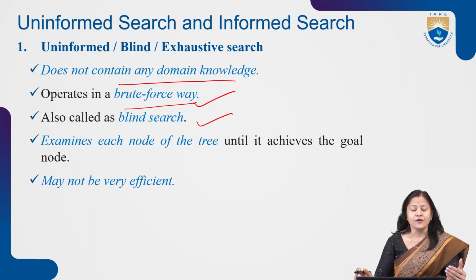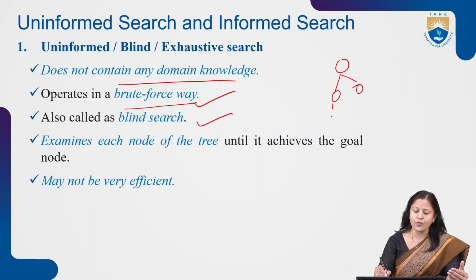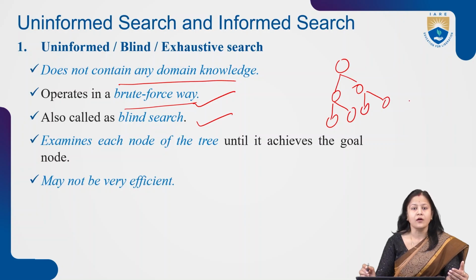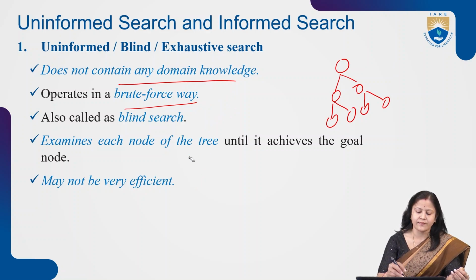That means if the tree consists of 10 nodes, all the nodes will be traversed to find the goal node. So it takes lots of time, and it may not be very efficient compared to other search techniques.